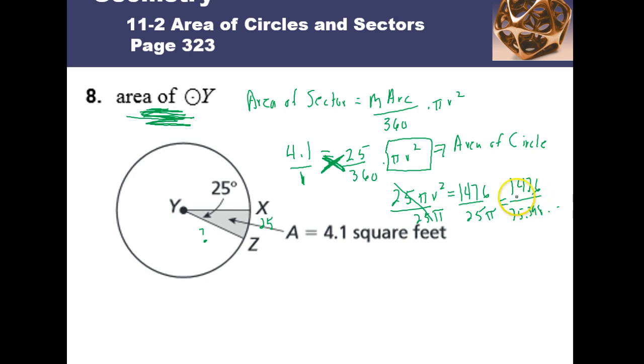Okay. Or you could do 1476 divided by 25, and since the pi is on the bottom, we have to also divide by pi.